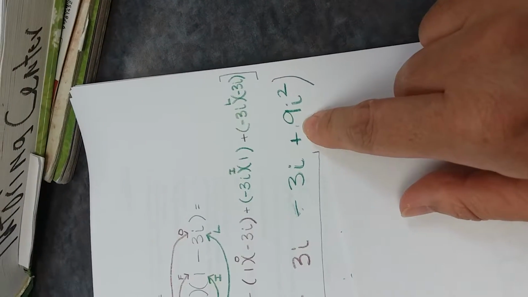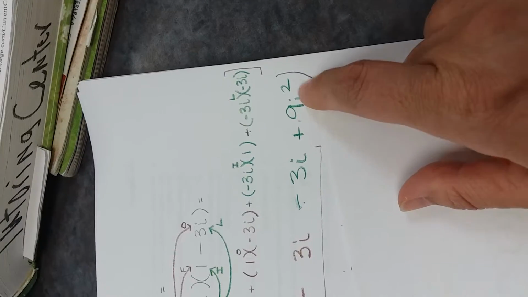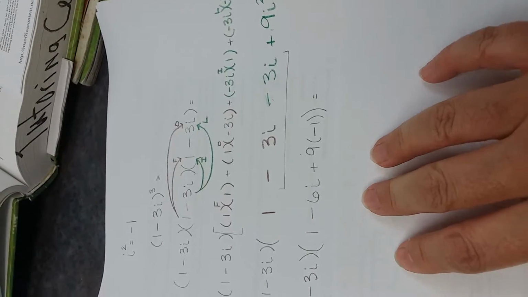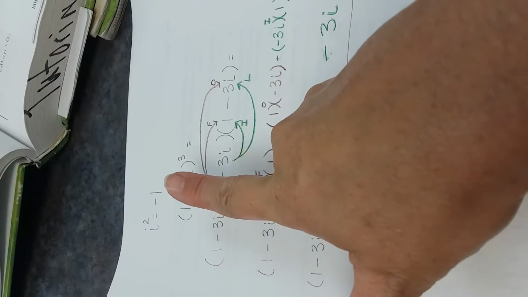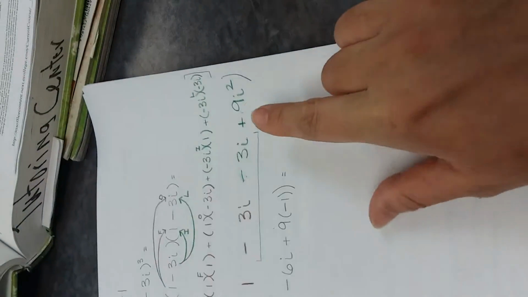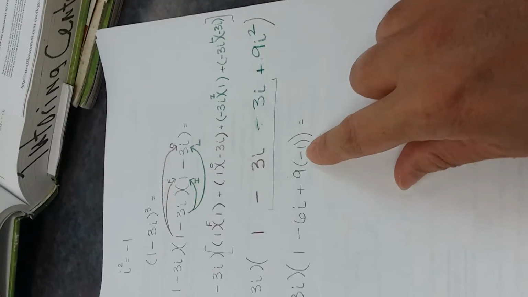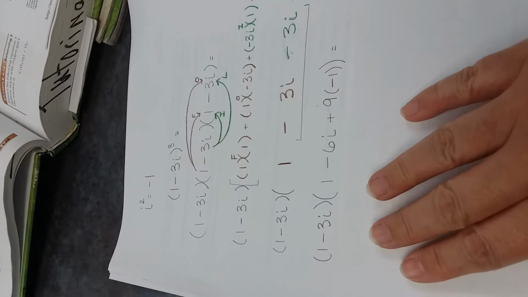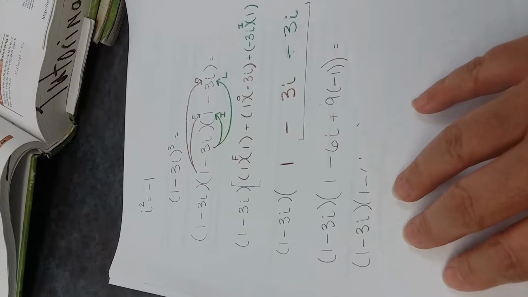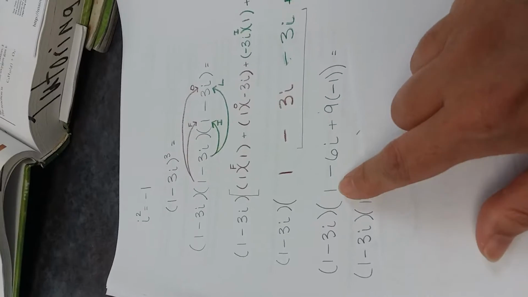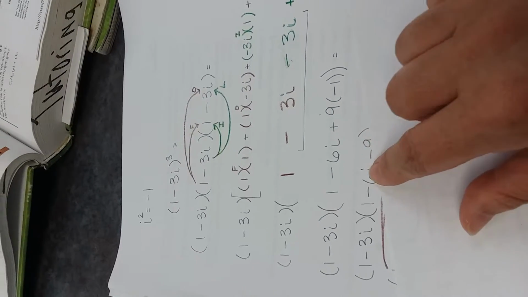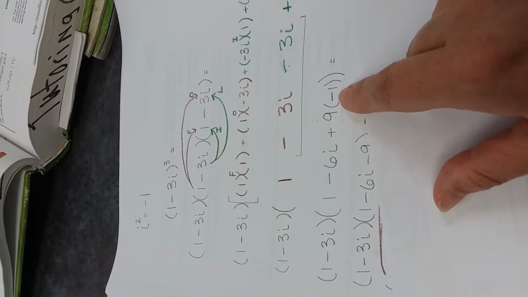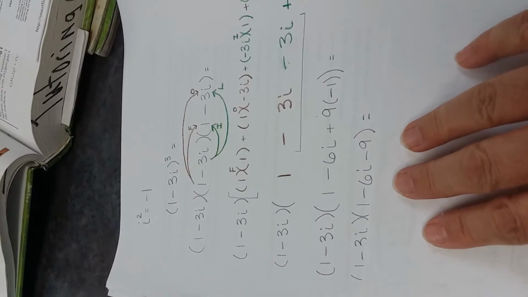And then I bring down my plus 9i squared, except they told us that i squared is equal to -1, so I replaced i squared with -1. My next job will be to multiply it. So I bring down my 1 minus 3i, I bring down my 1 minus 6i, and then a positive 9 times a -1 is a -9.